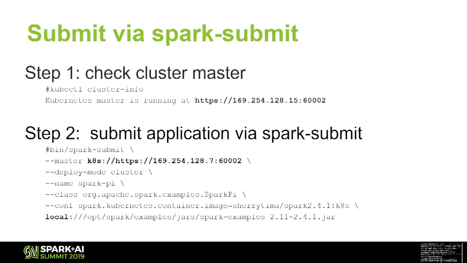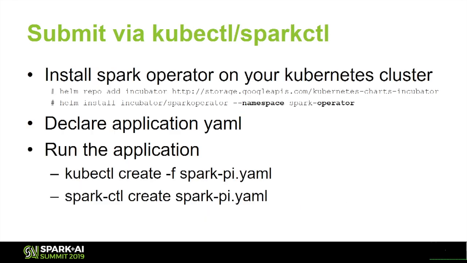Another way to run is through the kubectl or sparkctl command. First of all, you will need to install the Spark operator on your Kubernetes cluster. And thanks to Heron, this is easy. Just like in Linux, where we have apt or yum install scripts, that is what Heron has done.